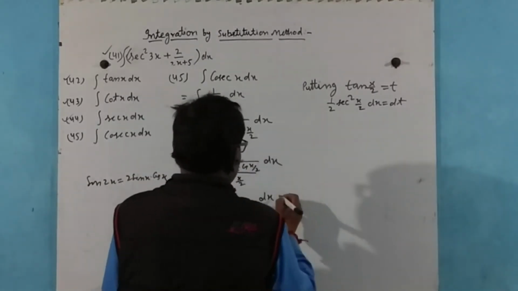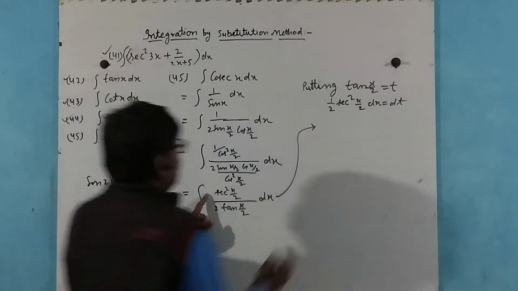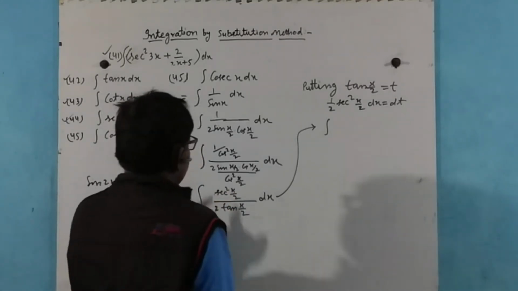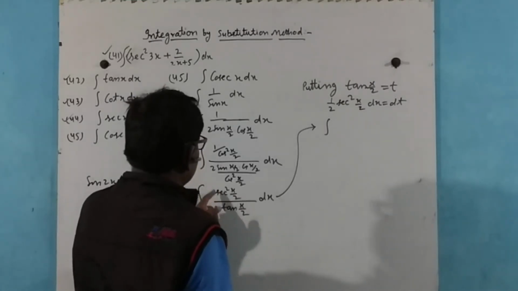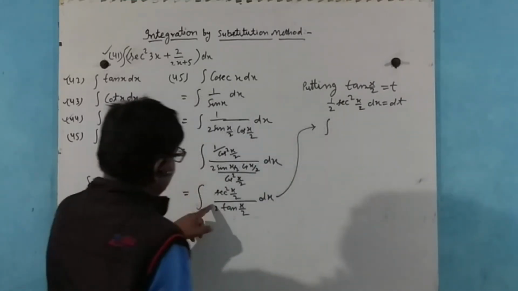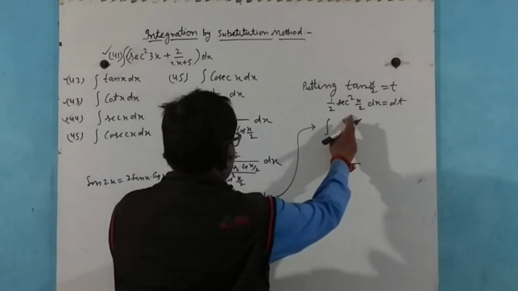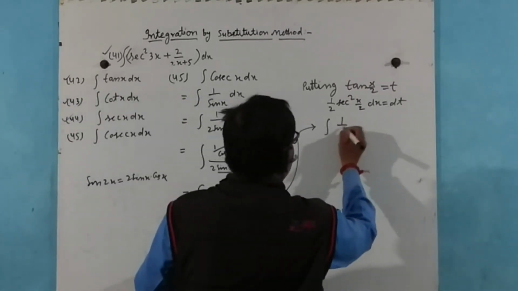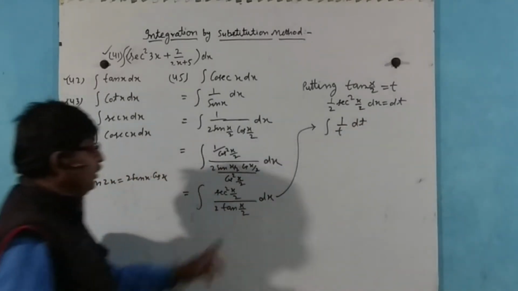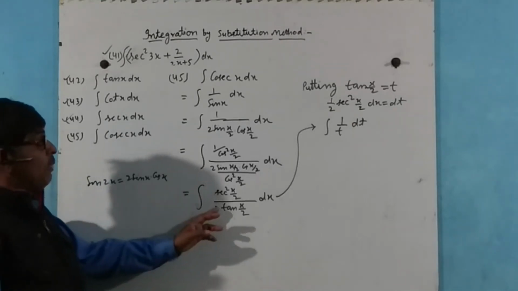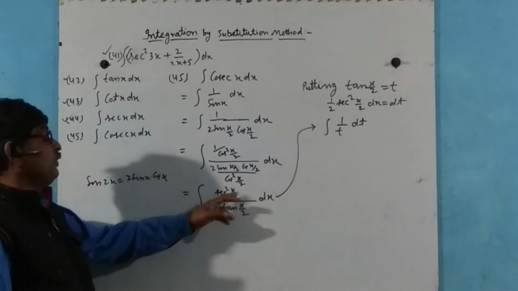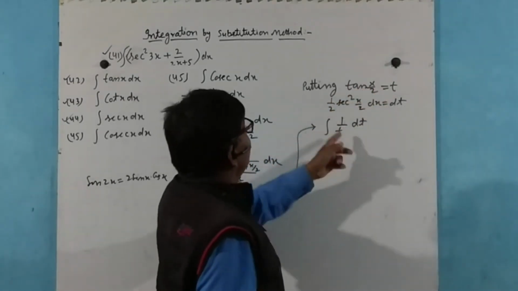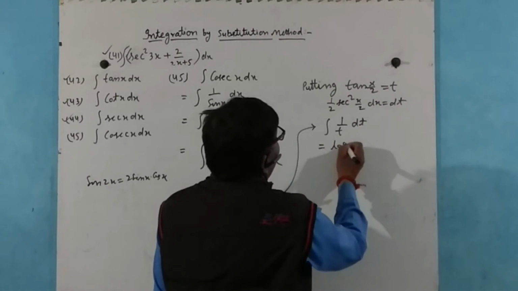So this will be equal to integration of 1 by 2 sec square x by 2 dx equal to dt, and tan x by 2 equal to t, so that it becomes 1 by t dt. Integration of this is equal to log t.